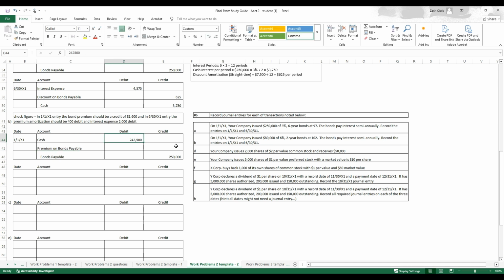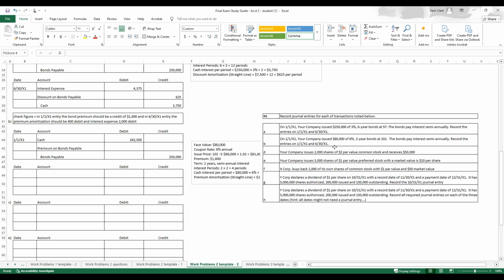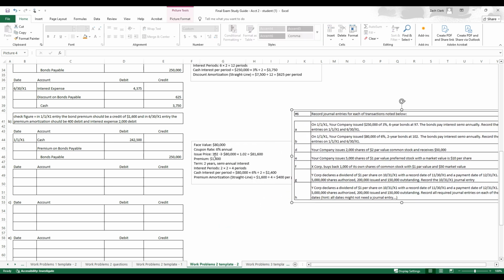And so we can see some additional info here as well, is that it's issued at 102, which means we take 80,000 times 1.02 is 81,600. So the premium then is 1,600. We could take this times 0.02, 1,600.